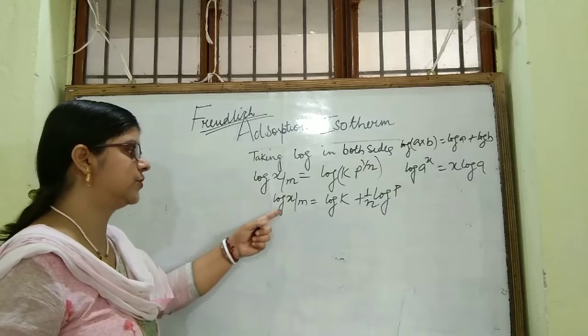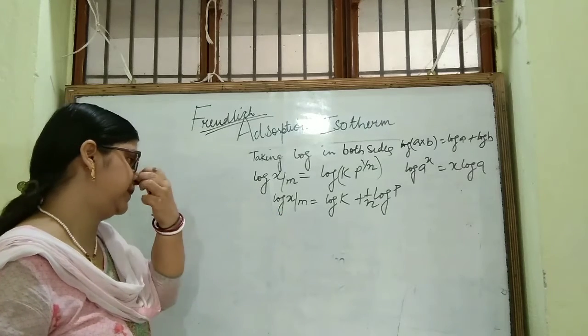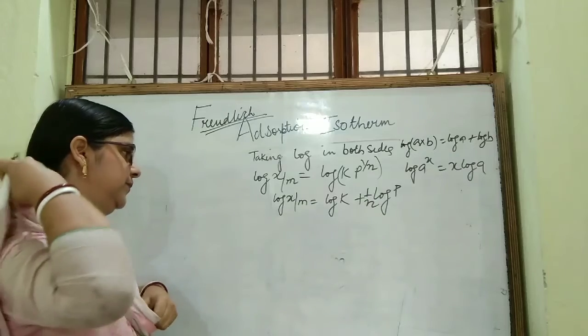So we are getting log x by m is equal to log K plus 1 by n log P.